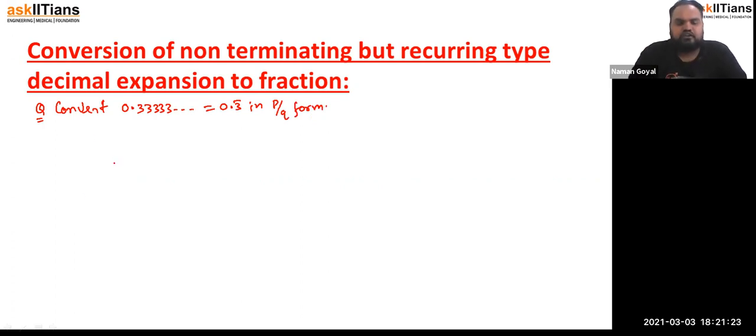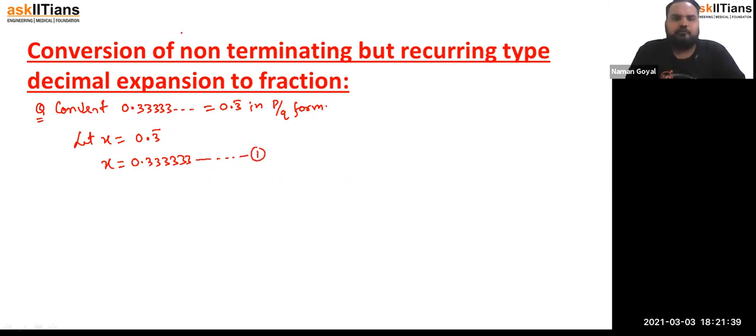Now see, listen carefully. What we can do is take x equals 0.3 bar. Okay, so x is 0.33333 and so on. This is the first equation. Now you have to multiply by 10. Why do we multiply by 10? Because the bar is only on 3. So we have to multiply by 10.